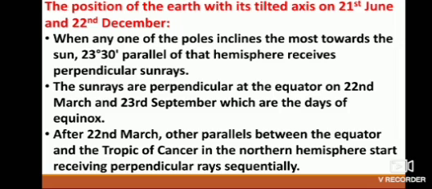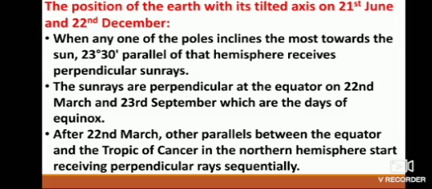These 2 days are called solstice days. Sun rays are never perpendicular on any of the parallels between Tropic of Cancer and the North Pole or between Tropic of Capricorn and the South Pole.